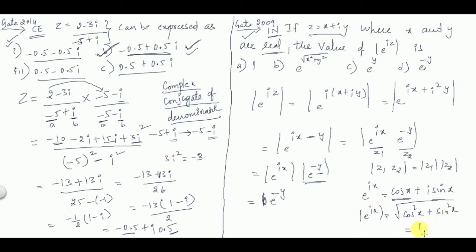We know that its value is 1. So modulus of e power ix value is 1, and we are going to multiply it with 1. So the answer is e power minus y. Okay, so option D here. This is how we can solve some of the basic problems.